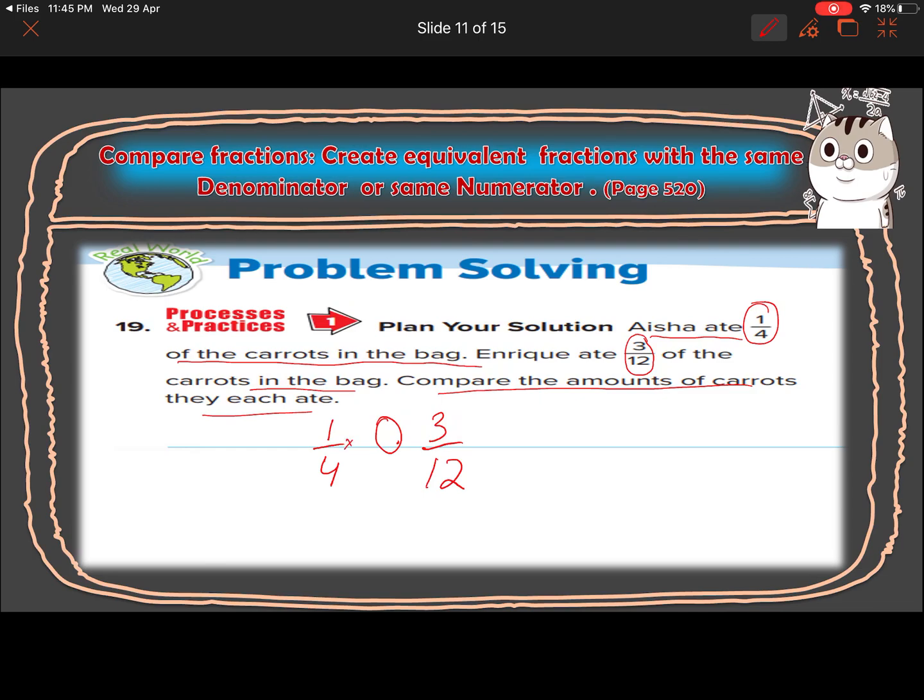Yes, you're right. 3. So I will multiply and divide 1/4 by 3. So 1 multiplied by 3 gives you 3, and 4 multiplied by 3 gives you 12. So 3 over 12. It means both ate equal amounts of carrot. Understand?